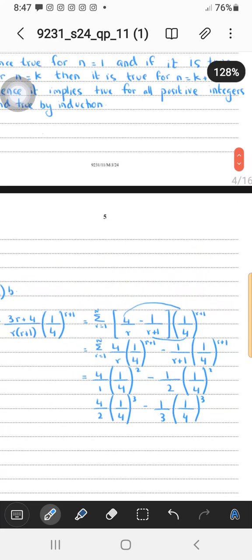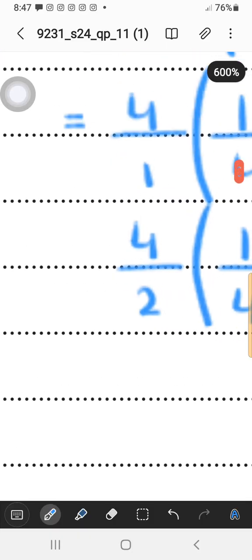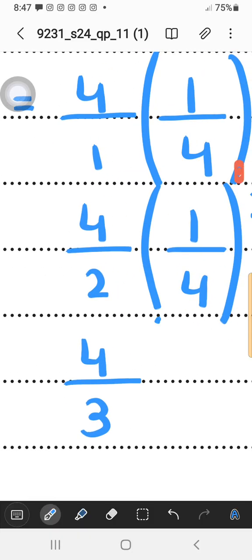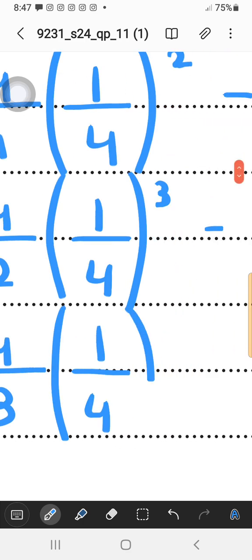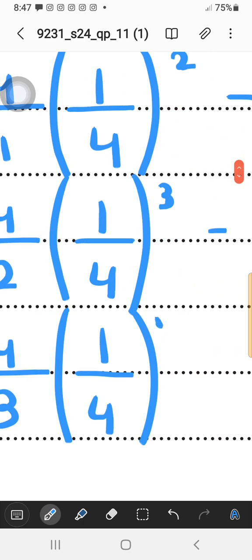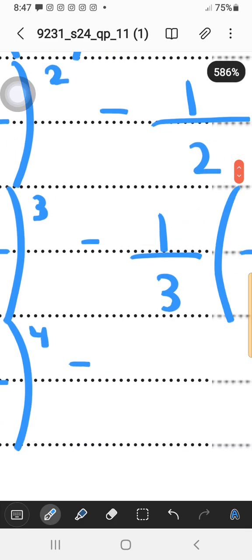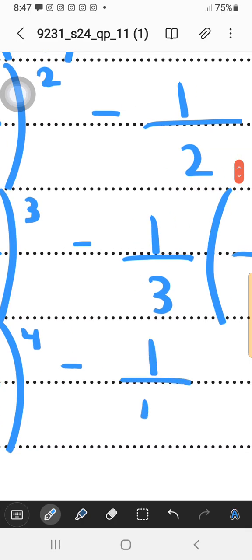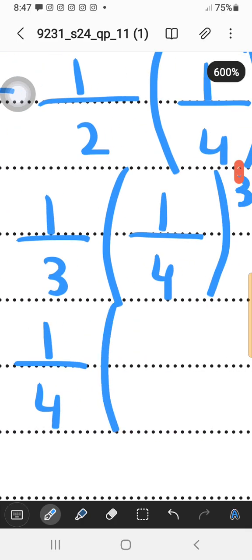Now we took r equal to 2. Now we will take r equal to 3. We have 4 upon 3, 1 upon 4 times 4, minus 1 upon 4, 1 upon 4 times 4.